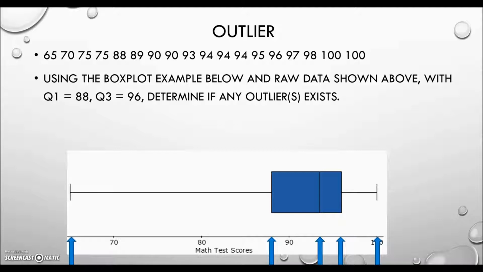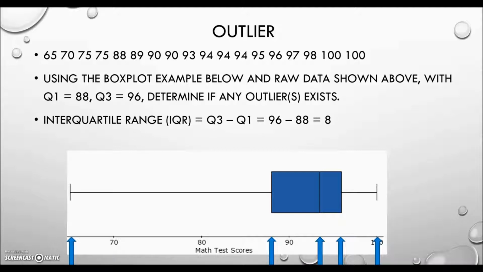And we're going to determine if there are, in fact, any outliers. The first step is to determine the interquartile range. That's found by subtracting the first quartile from the third quartile, which for this data results in an 8.